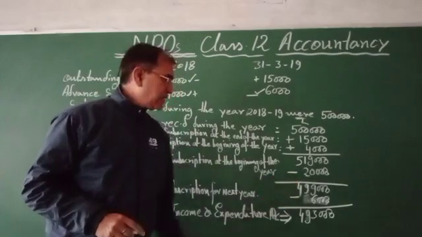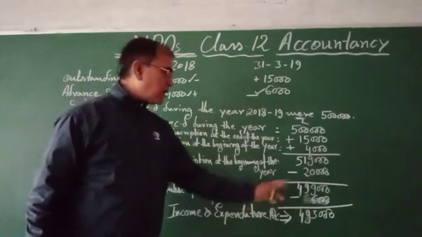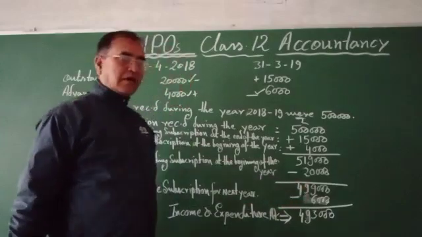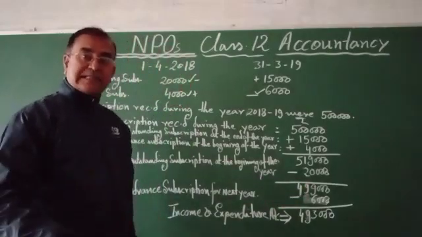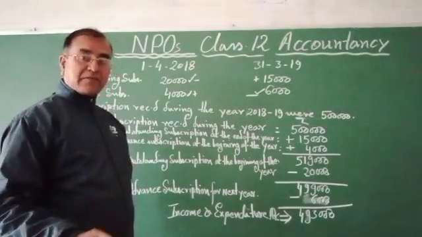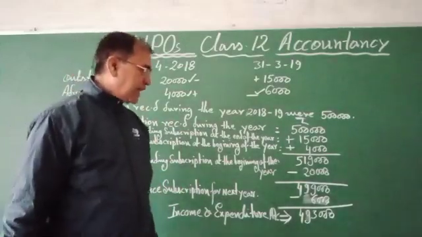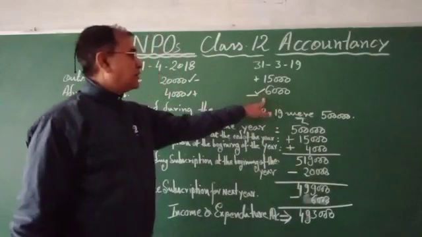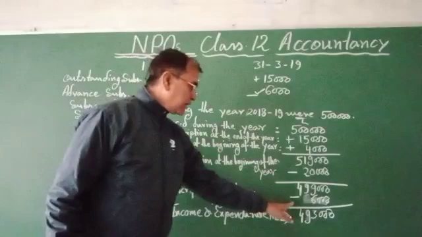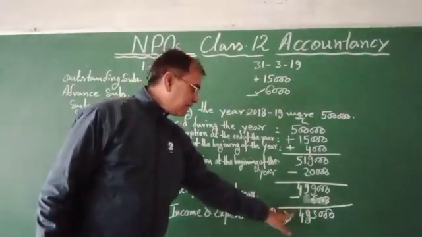From 5,19,000, 20,000 is deducted, giving 4,99,000. The advance received this year for the next year belongs to the next year's subscription, that is 6,000 at the end of the year, so it is also deducted.